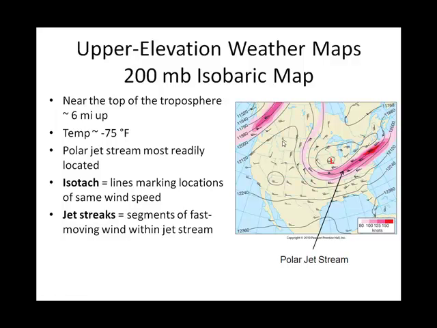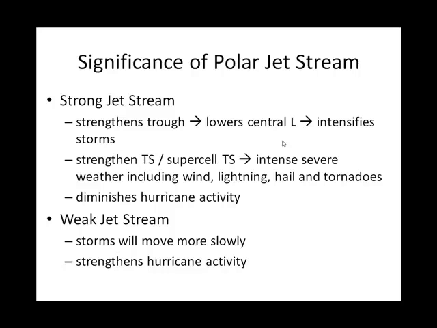And the jet stream is definitely a player in steering weather systems. Not only that, but the presence or absence of a jet stream can influence severe weather specifically. Going back to something we talked about earlier, if the jet stream is relatively strong, a few things can happen. It can intensify central lows, and that can intensify our mid-latitude cyclones.